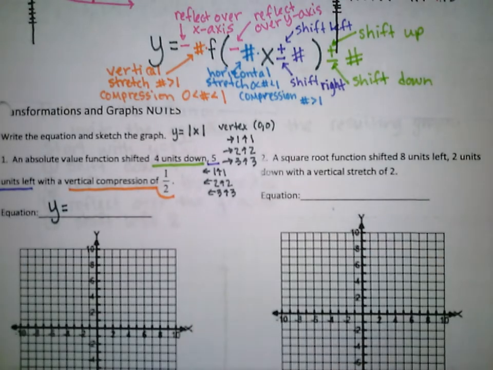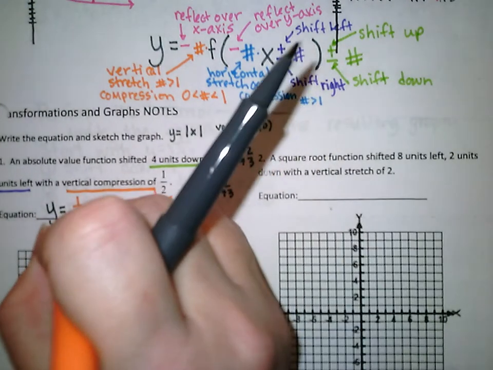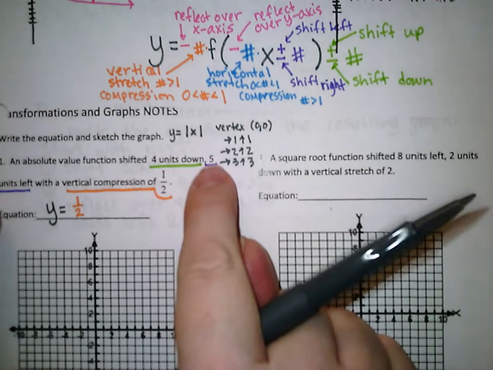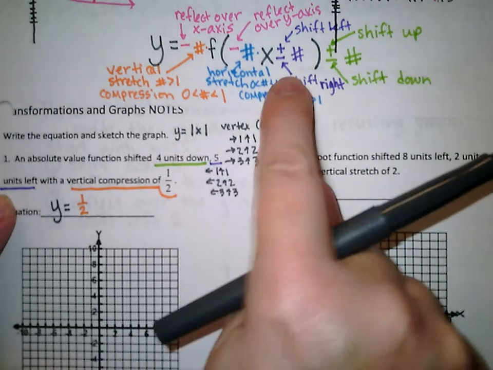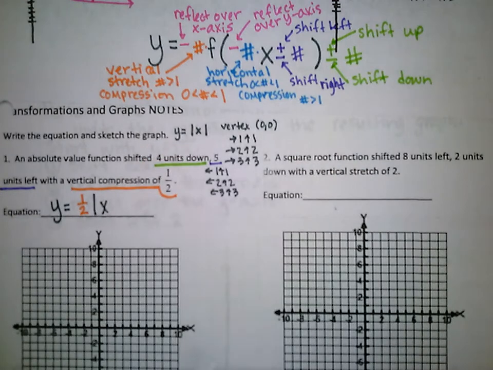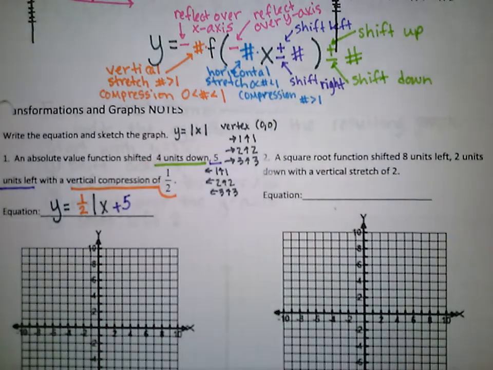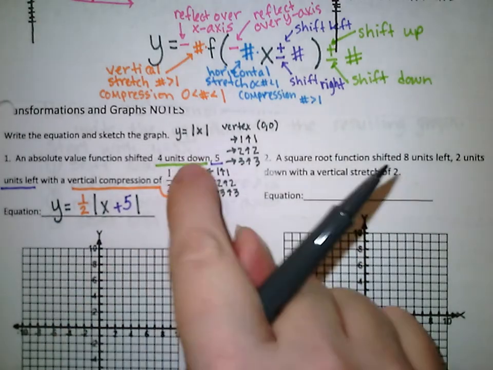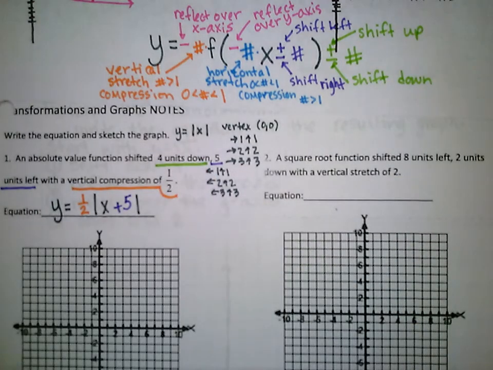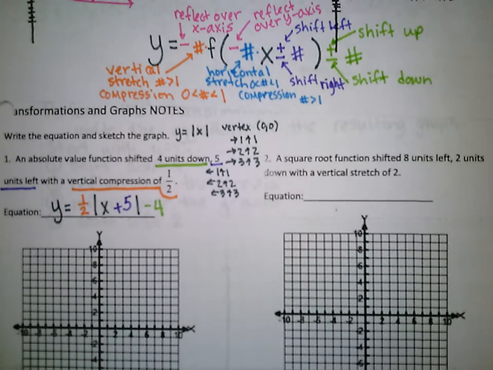We need absolute value of x, but out in front, we need a 1/2. Shifting left is going to go inside with the x. So absolute value of x, and when it's a shift left, it's add, so +5. And then we also have 4 units down, which goes at the end, and shifting down is a subtraction.